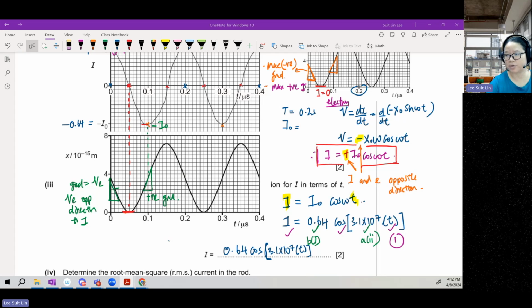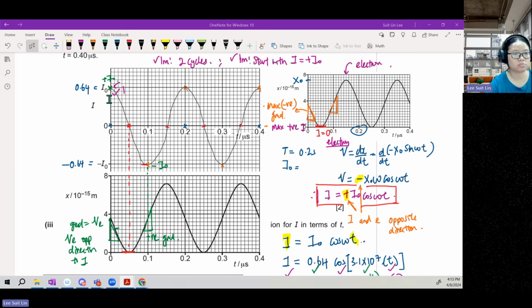Most candidates realized they need a sinusoidal curve. Many candidates found it difficult to draw a curve with the correct curvature. Okay, so sometimes they draw a sine curve, sometimes they don't even curve it properly.